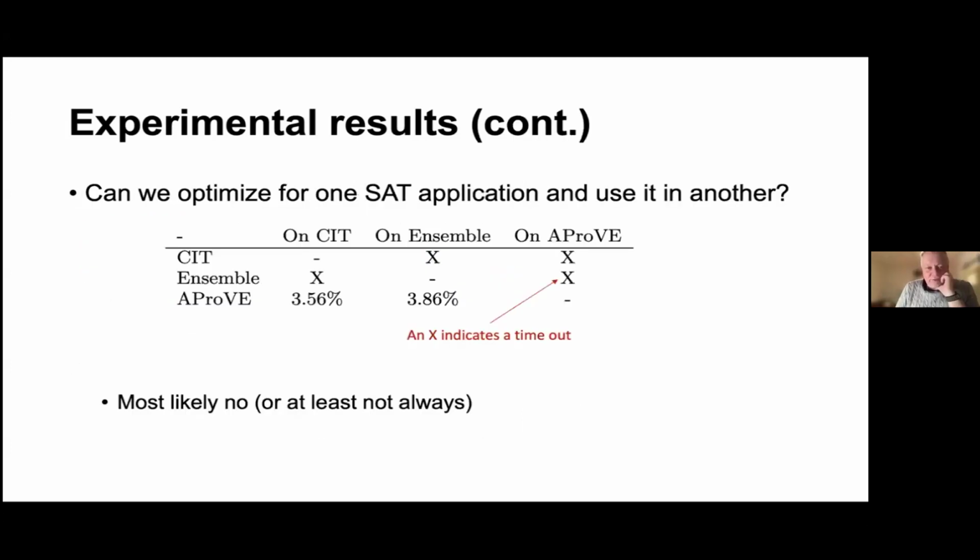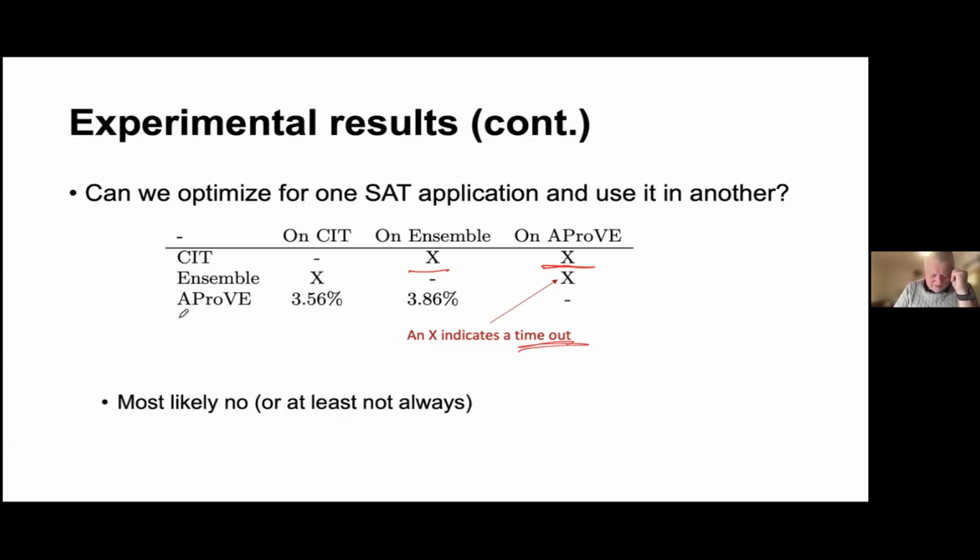In addition, they also applied that, and this is an interesting thing. So they used CAD for optimization, and then they applied it on ensemble or proof. In this case, they received a timeout, so it was not able to come up with a solution for those systems.